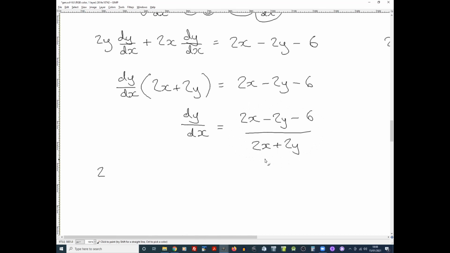Well, the bottom is never 0 because that would make everything explode. That wouldn't exist. To cut to the chase, basically the numerator is going to be 0.